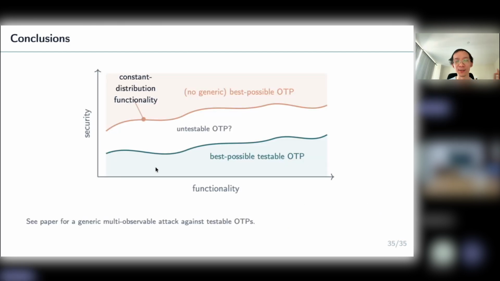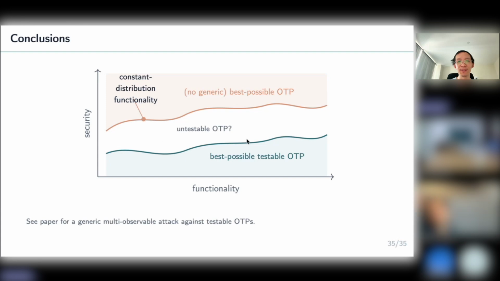Okay, so with that, I am going to wrap up. That brings me back to the graph that I showed at the beginning of the talk. In our work, we basically push up the existing security notions achieved from all of these ad hoc security notions and CSEQ to best possible testable one-time program, which we know how to construct, at least with a classical oracle.